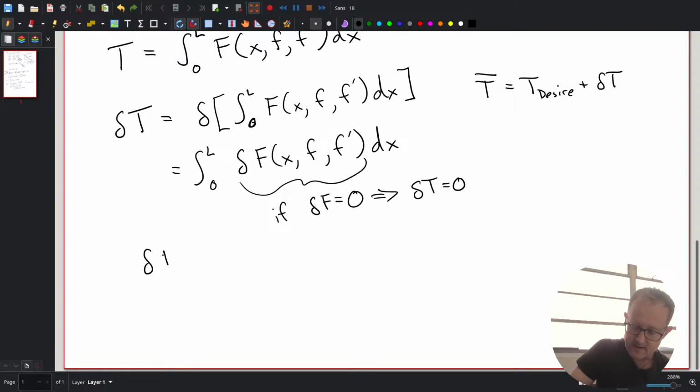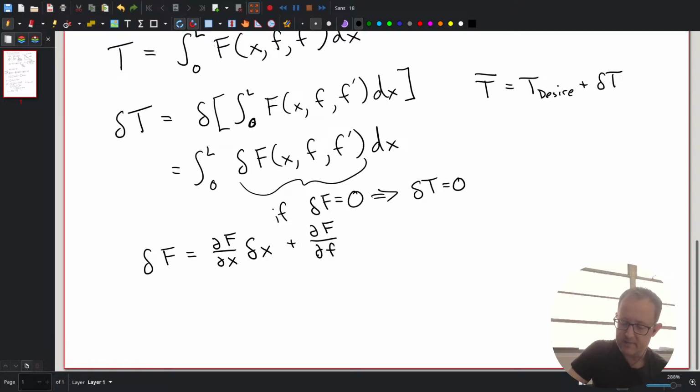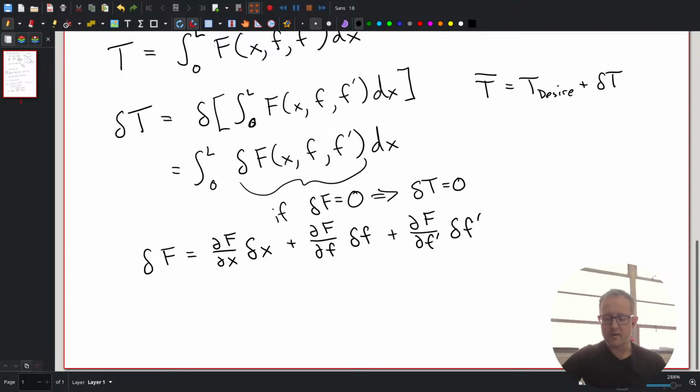So delta F is, and now we have to use some calculus, but we have to keep track of those delta values too. So dF/dx times delta x plus dF/df, big F with respect to little f, times delta f, plus dF/df prime times delta f prime.